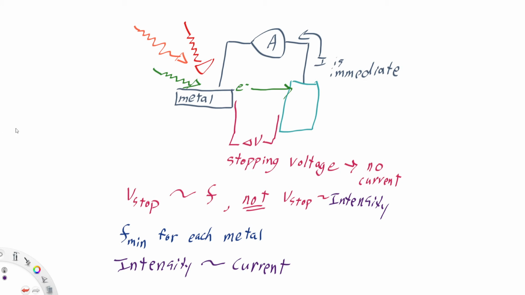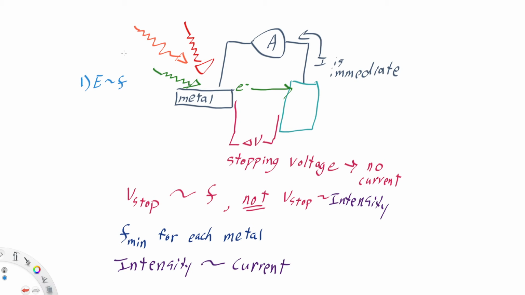There are a few things that explain these observations. One, the energy in a single photon is proportional to its frequency. And that's why you need at least a minimum frequency to kick electrons out of these metals.